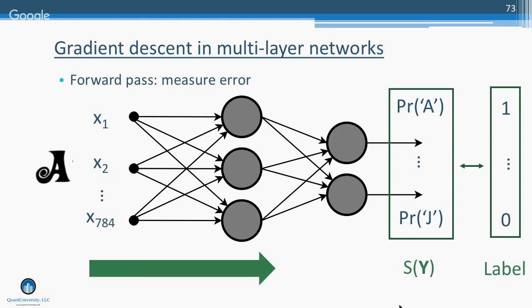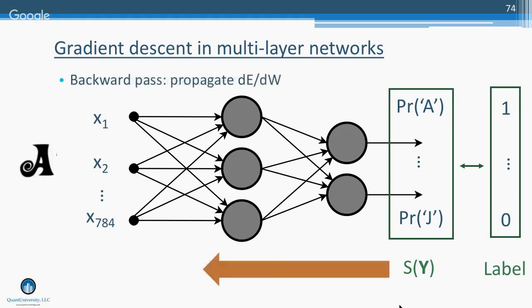We compare them to the label for this thing. And we say, OK, that wasn't quite right. We want the probability of A to be higher. We want the other probabilities to be lower. And then we do a backward pass, where we say, OK, how do I change all the weights going all the way back so that the error goes down? And then we wiggle the weights a little bit, and then we repeat.